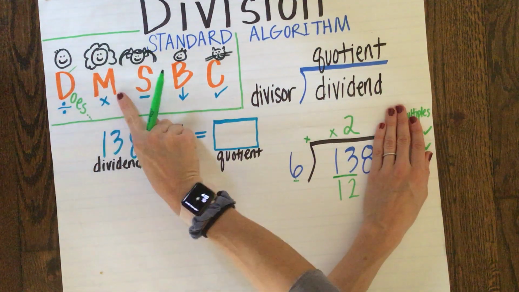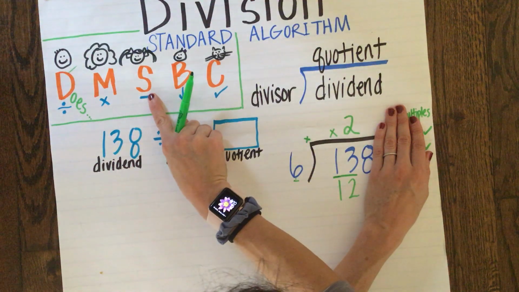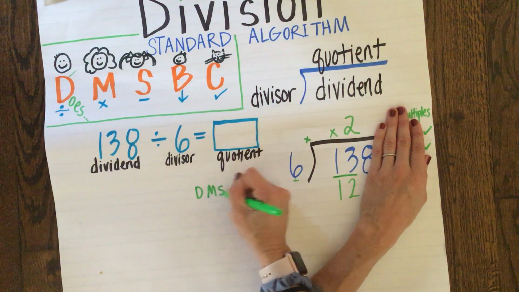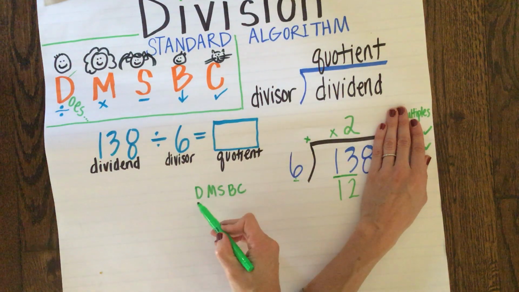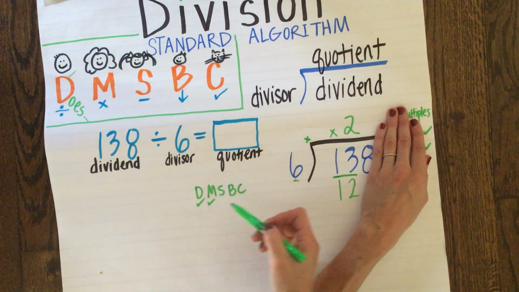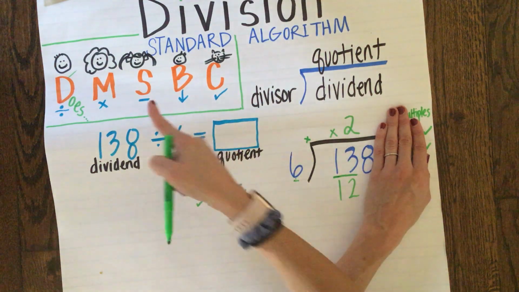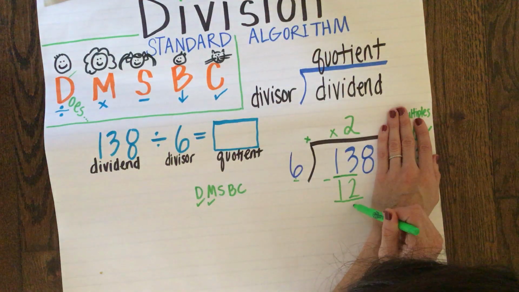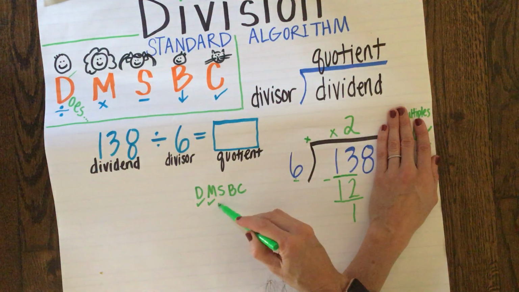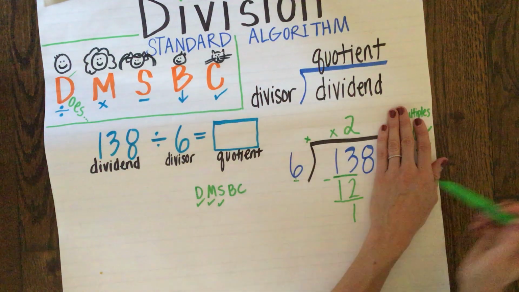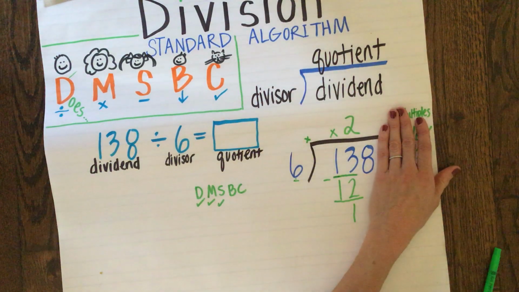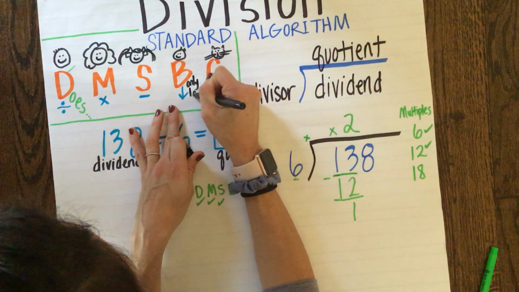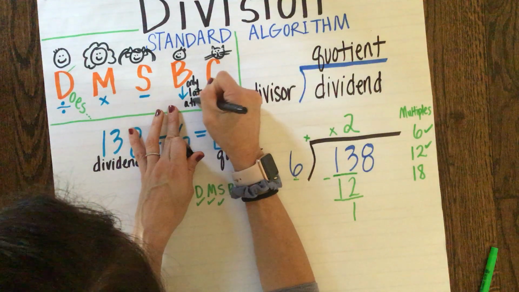So I did this, now I'm at the S. Some students write dad, mom, sister, brother, Cleo, and use it as a checklist. S stands for subtract. 13 minus 12 is 1. Bring down only one number at a time, and I'm going to write that over here.